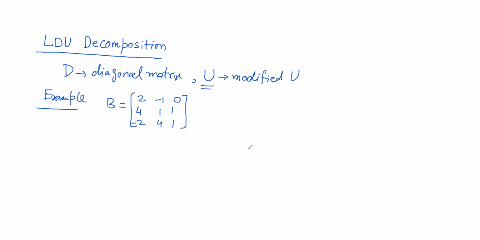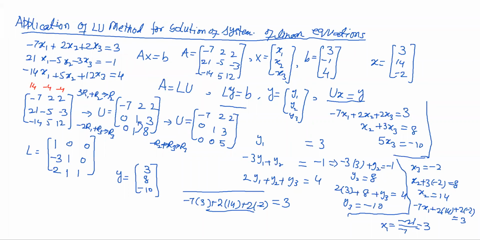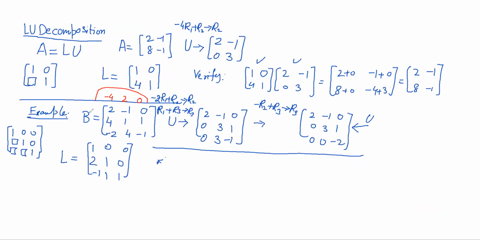This is the same matrix as we did before in the first one. And we already have decomposed it into lower and upper triangular matrices. So I will just write it over here.